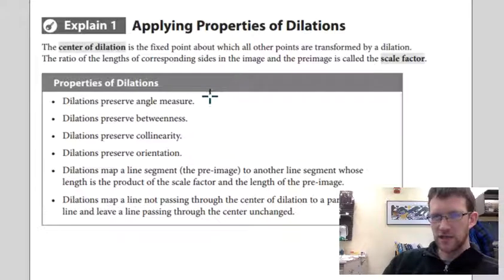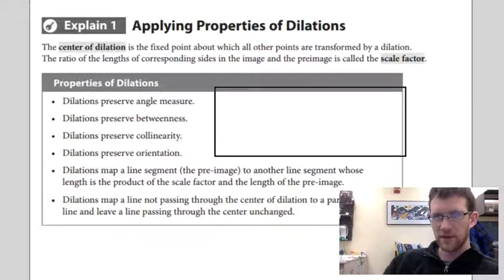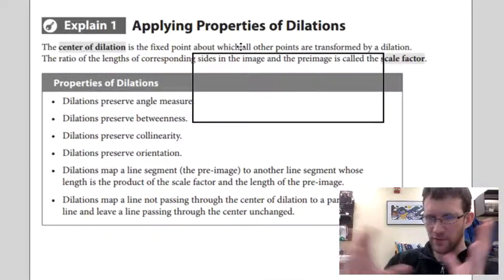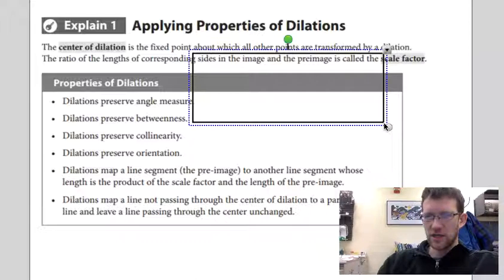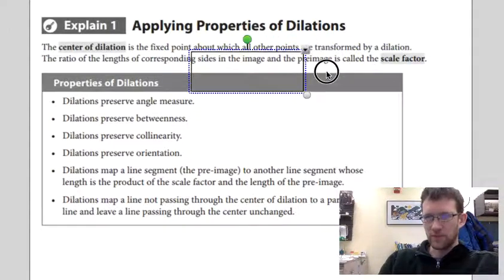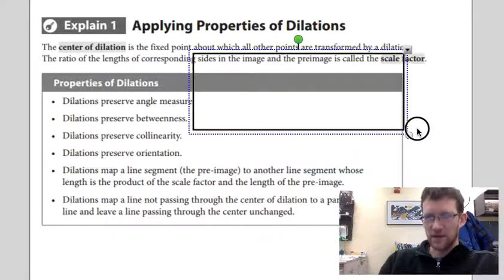If I have a shape, and it's most intuitive I found with just a computer-based shape actually, a lot of times when you're moving windows on computers, you think about dilations. If I were to change this shape here, so I just grabbed a rectangle, if I hold down shift, the ratio doesn't change, right? So shift preserves the overall shape of the object.